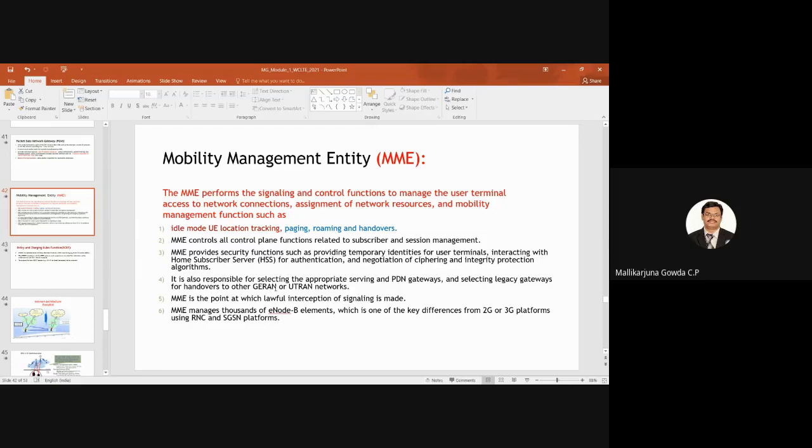It is also responsible for selecting the appropriate serving and PDN gateways, and selecting legacy gateways for handovers to other GERAN or UTRAN networks. The MME is the point at which lawful interception of signaling is made. It manages thousands of eNB elements, which is one of the key differences from 2G or 3G platforms using RNC and SGSN.